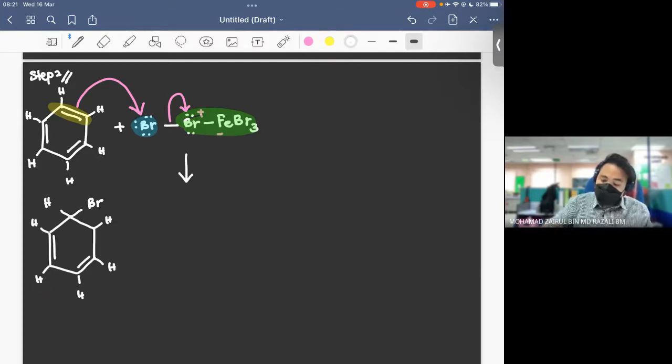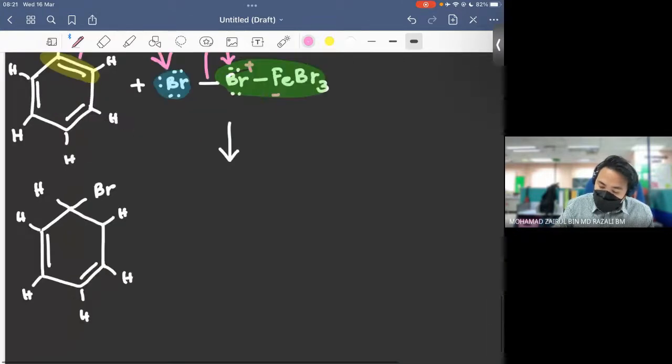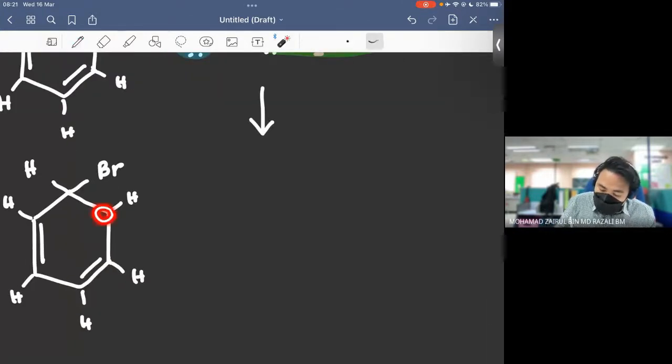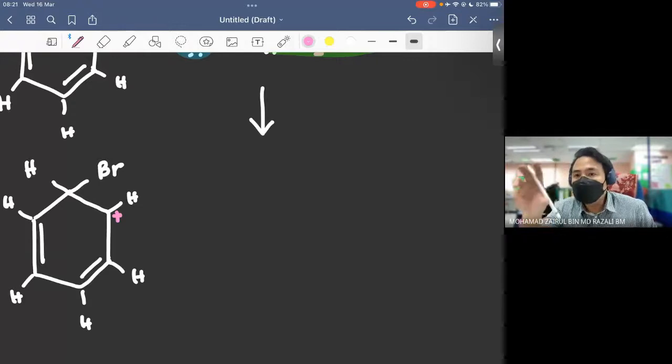Okay, so kalau awak tengok sini, carbon yang sini tak cukup bond. Ada 1, ada 2, 3. So remember that carbon need to have 4 bond baru dia stable. So dia tak cukup bond, dekat sinilah akan ada positive charge. Okay, kalau kita recall balik, one of the properties of benzene, the pi electron dalam benzene itu, they are able to delocalize.